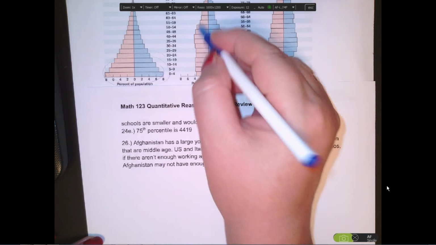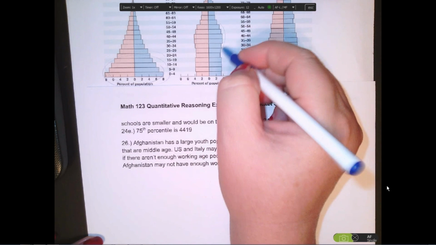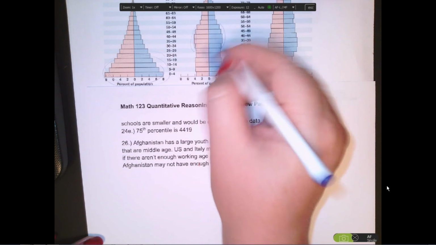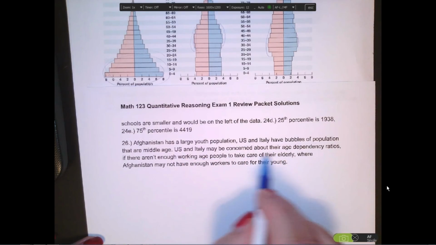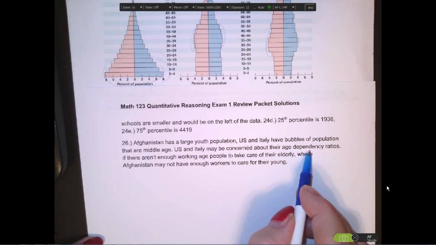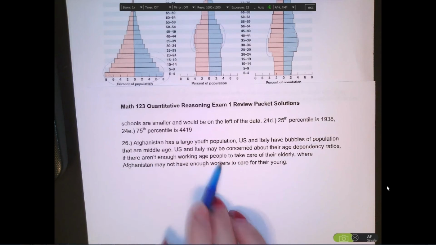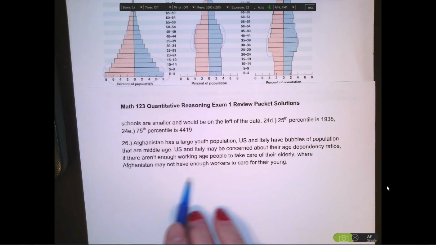Okay. So there was like a baby boom that many years ago because there's more babies then than now. Okay. US and Italy may be concerned about their age dependency ratios if there aren't enough working age people to take care of their elderly.